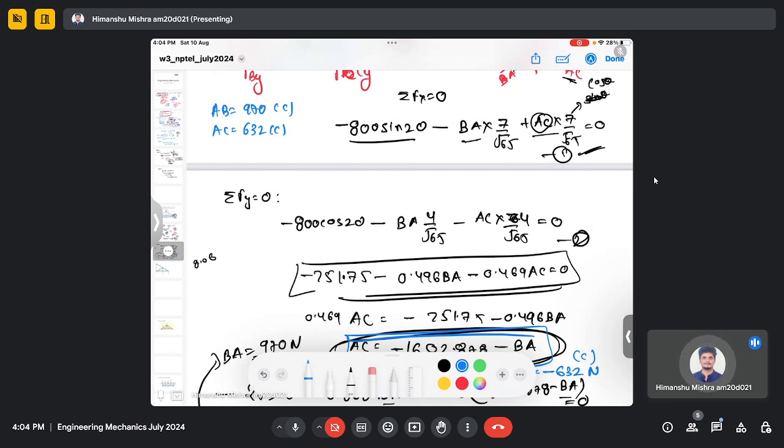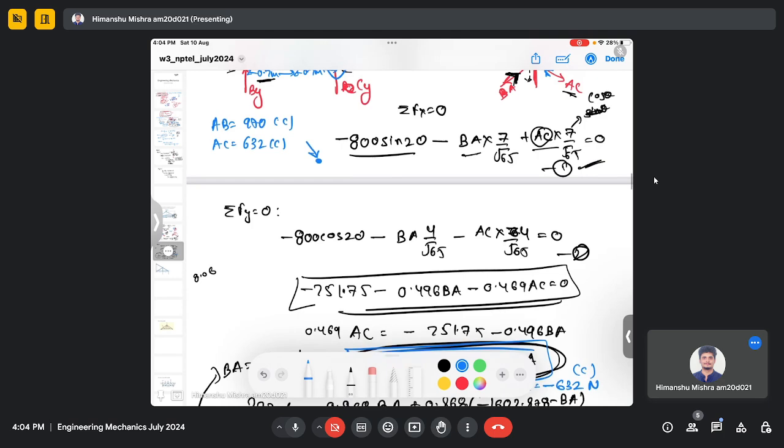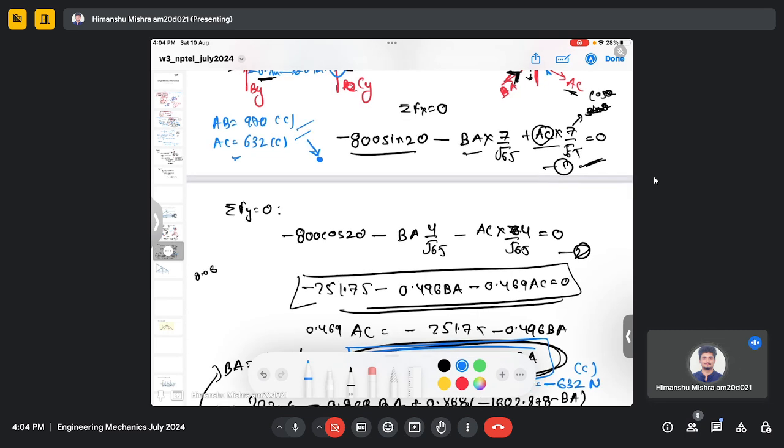Here you don't need to bother about minus and positive signs, because whenever you make the free body diagram, since it's a compressive force, this AB will always be towards the joint, and the same goes with AC. So whenever you make a free body diagram at another joint, let's say joint C, just denote AB or AC, whichever forces come in that picture, towards the joint, because both are compressive in nature.